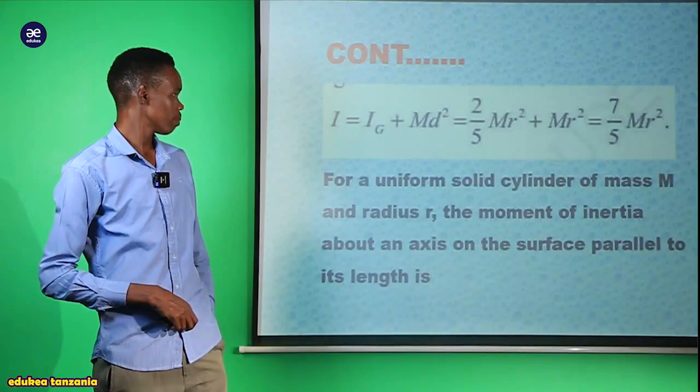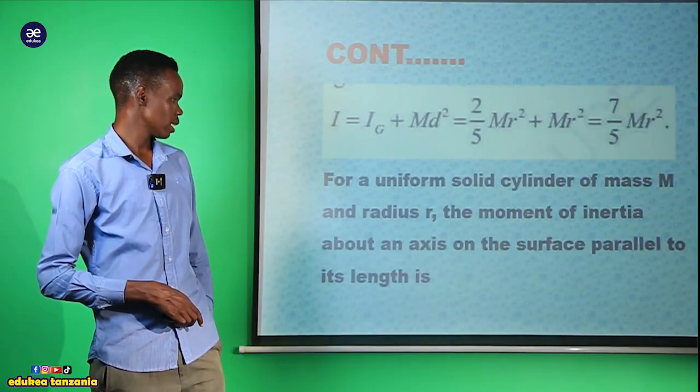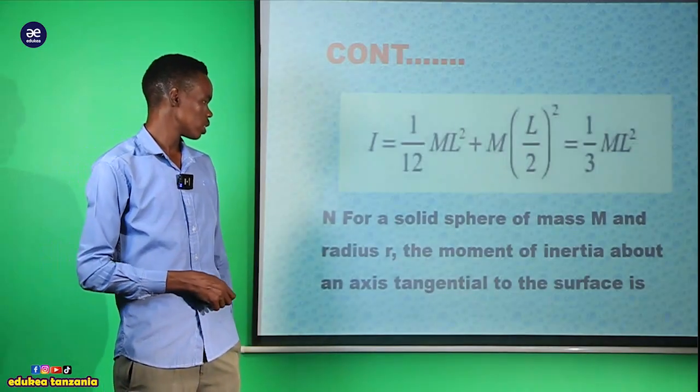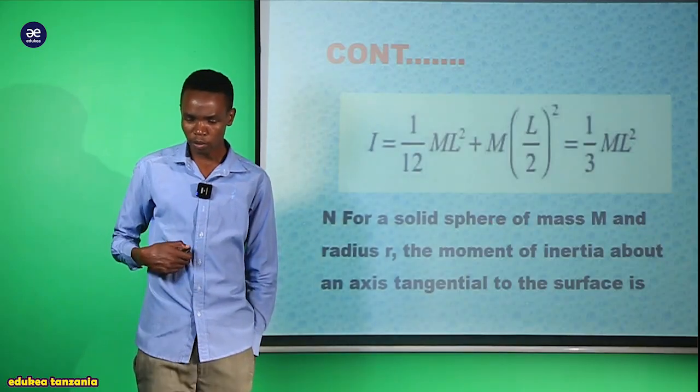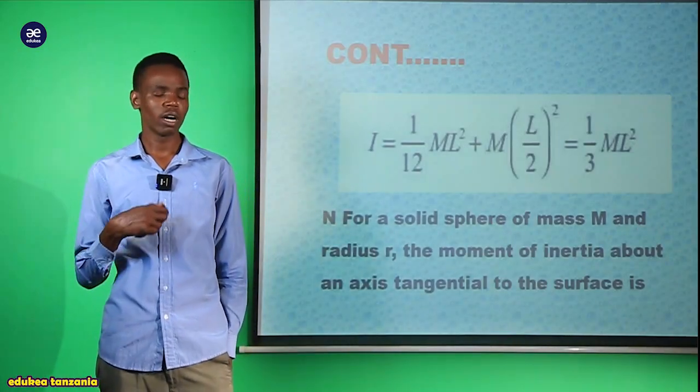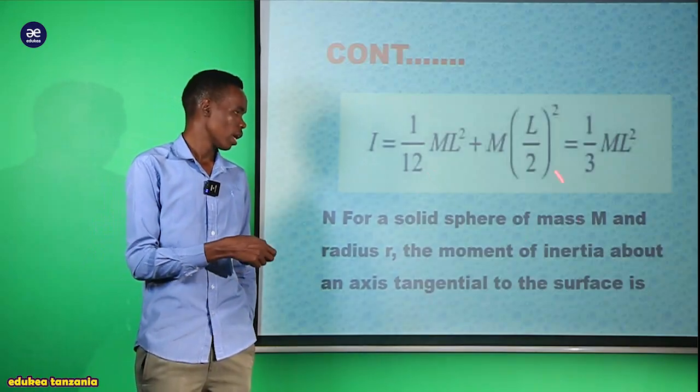So after this one, my dear students, as I said, we are going to see the solid sphere of mass m. Now, how can we get the moment of inertia for the solid sphere?